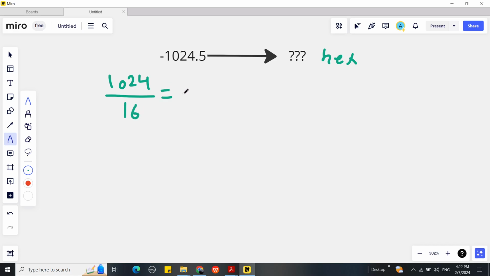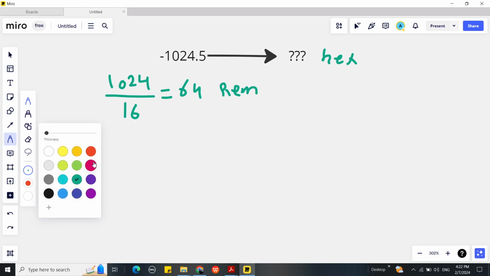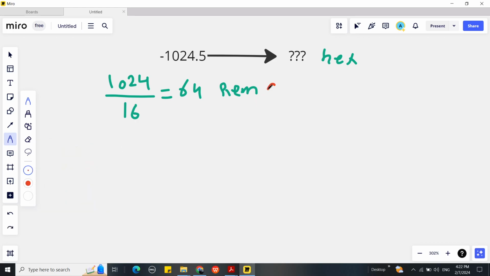So basically, 1024, we're going to divide it by 16, which is going to give us 64. And what is going to be the remainder? The remainder is 0, right? Since 0 is our answer, I'm just going to write it in a different color. Then, as I did in the last class, you take this number and divide it again by 16.